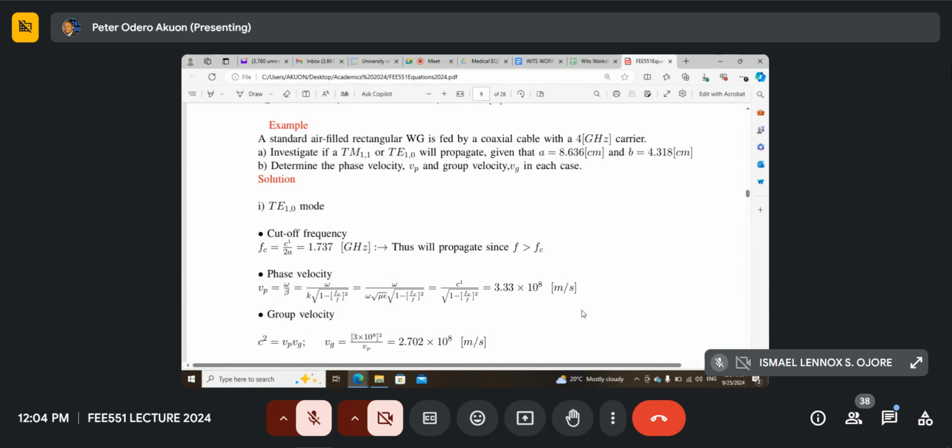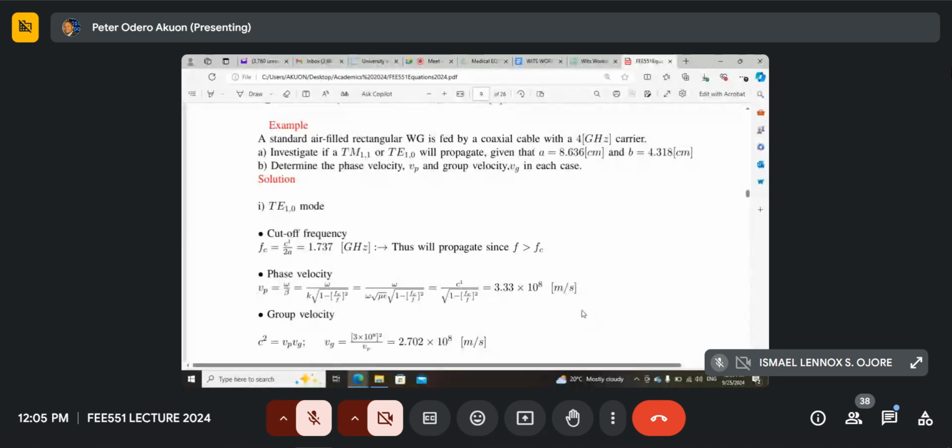What is the speed of it? You have 2 signals together, so the speed is going to be lower. So you have 2.7 times 10 raised to 8 meters per second. You can see it's slower than the carrier itself, and the phase of the carrier is changing at that rate. And this is when it is in TE10.